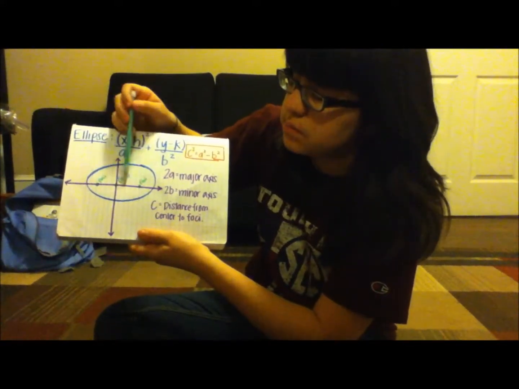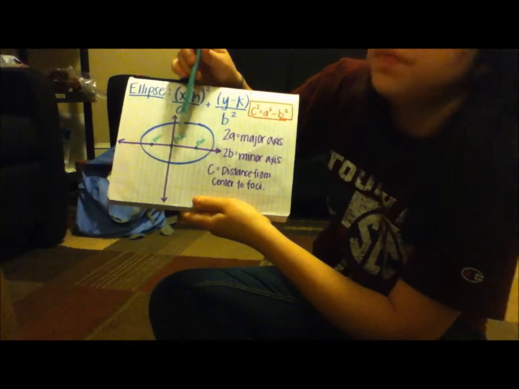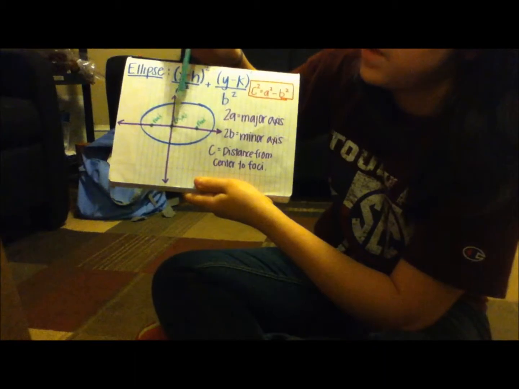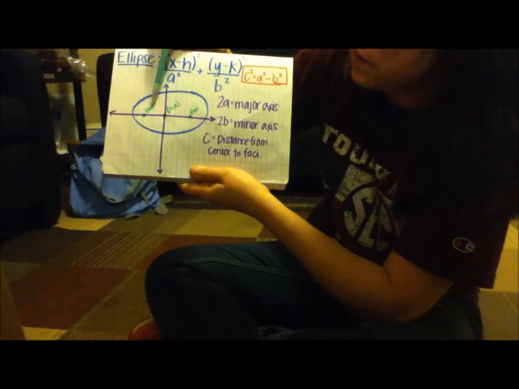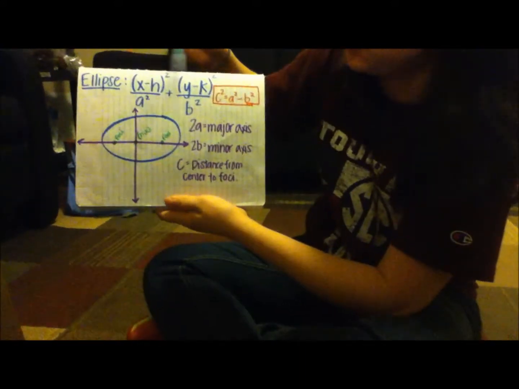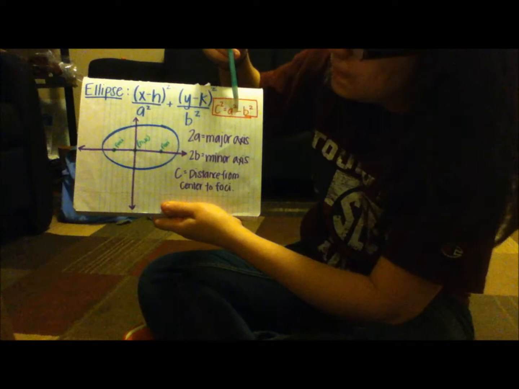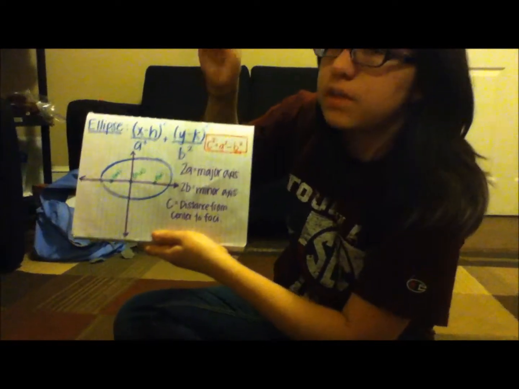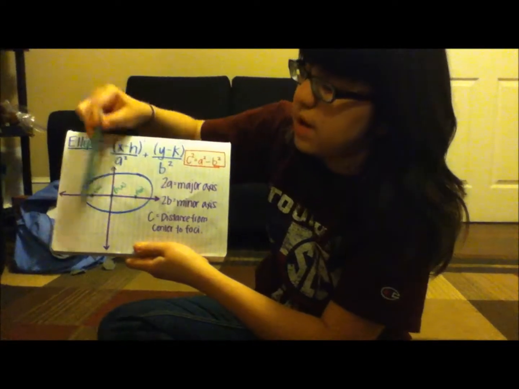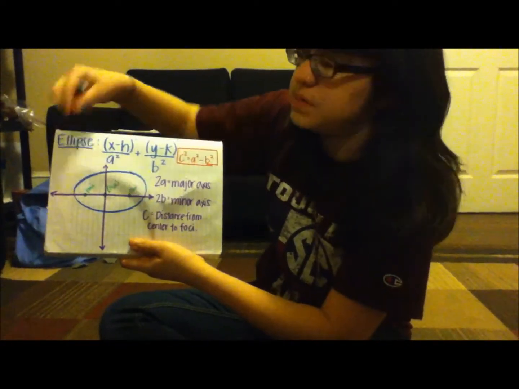They're at a certain distance from the center, so the distance from the center to this focus is the same as the center to this focus. And a good equation to remember is c squared equals a squared minus b squared, which also spells out cab, and a fun way to remember it is that cabs drive around an ellipse. So that's how you can remember ellipse.